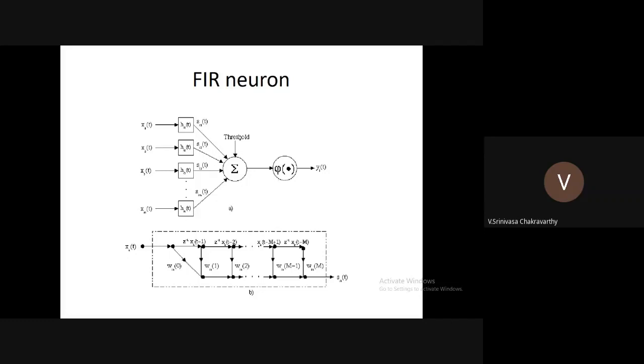Of course, there's also a bias term or a threshold term. You get some output. So this is the FIR neuron. When you construct a convolutional network for signal processing, in this case speech recognition, it is made up of this kind of FIR neurons.